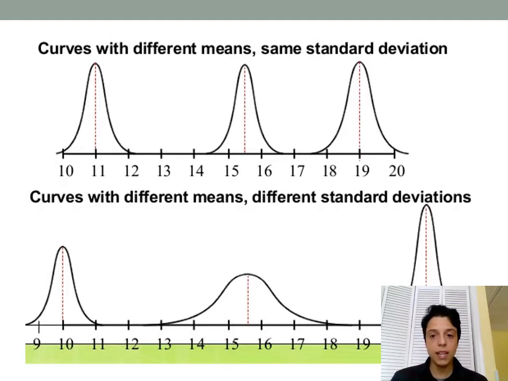Specifically, the larger your standard deviation is on a normal distribution, the flatter it is, and the smaller your standard deviation is, the more it looks like this big peak like you have on the right. So that's all I got for you on the slide. Different means, different standard deviations in normal distributions.